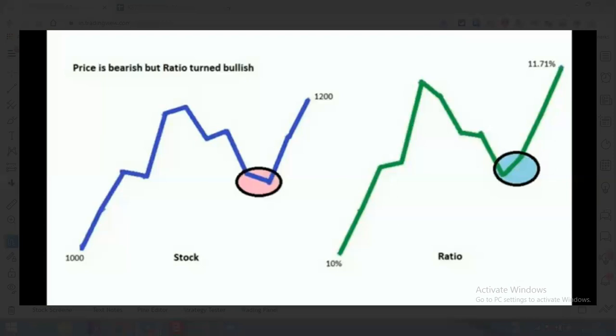I am not at all saying that it won't move up. I'm just saying, if you are with the winners, there is a higher chance of you having fast returns and huge returns in that case.